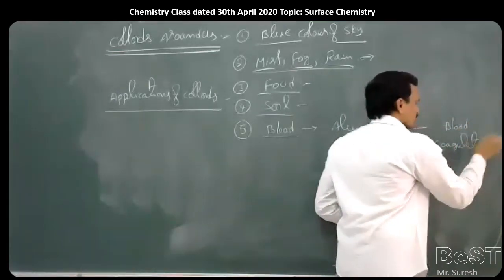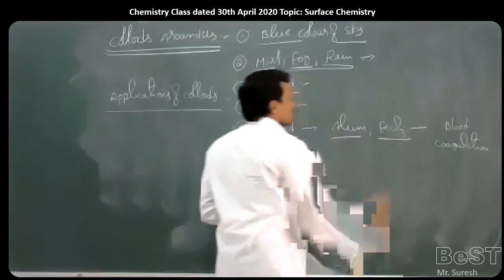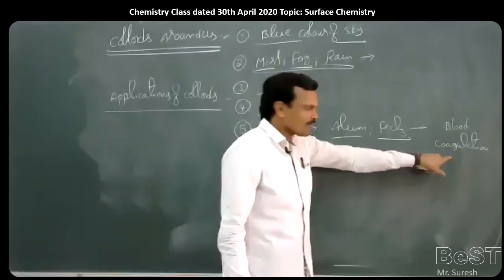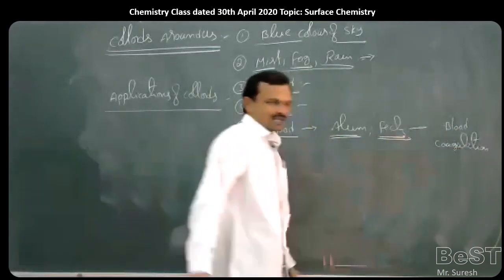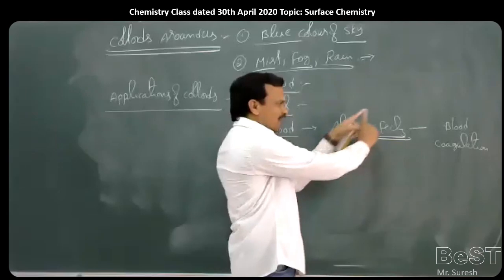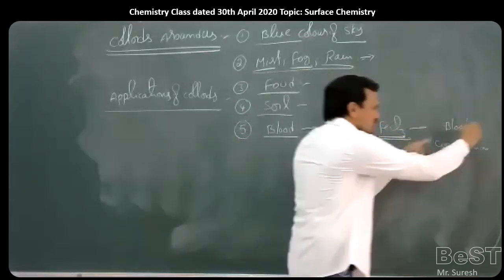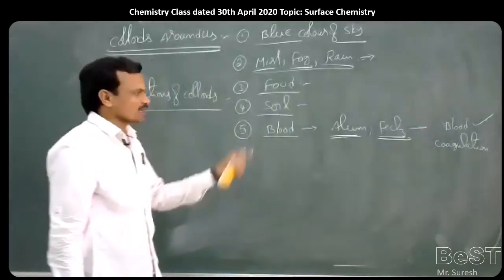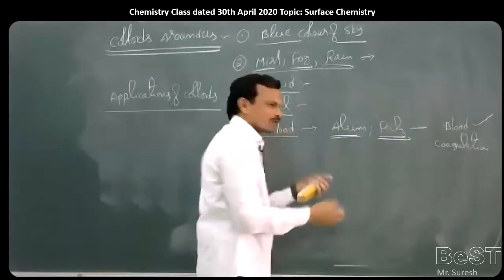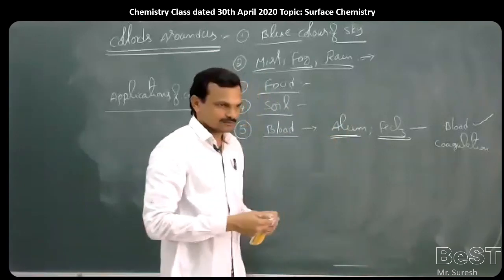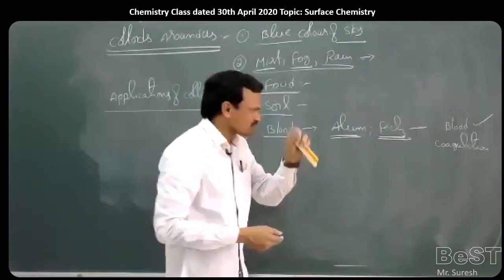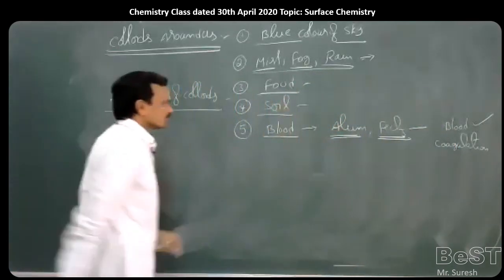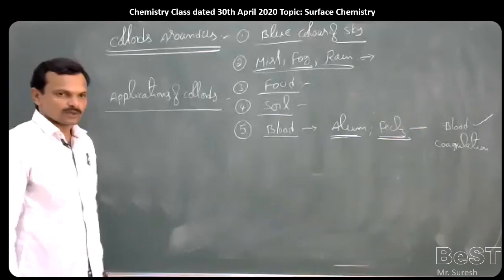That means blood contains albumin dispersed in water. Whenever alum or FeCl3 is added, the electrolytes present in it can cause the coagulation of blood, thereby the bleeding can be arrested. Generally, if any small cut takes place on the skin, immediately we apply some turmeric powder, because turmeric powder can cause coagulation of the albumin present in the blood. So blood is an example of a colloidal solution.